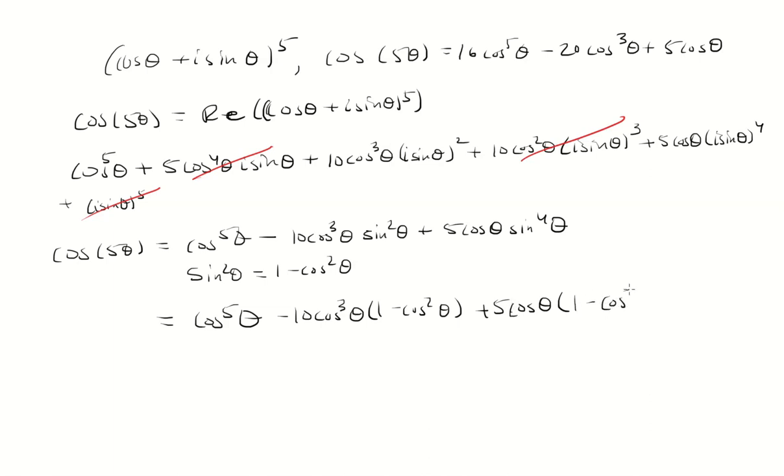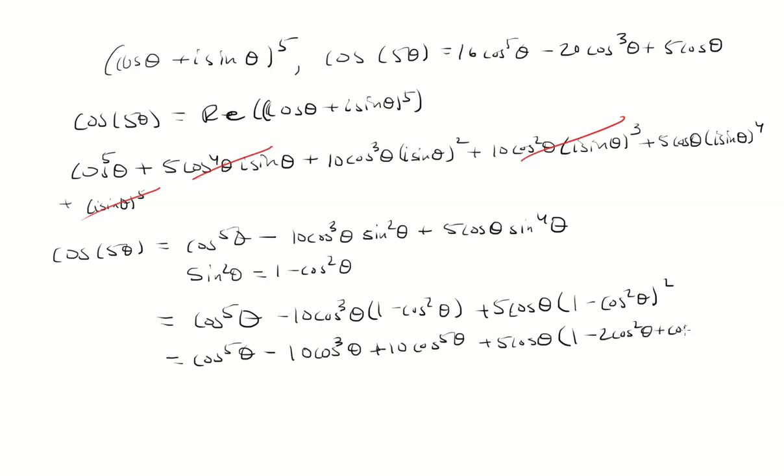Sine squared is 1 minus cosine squared, so we're going to square that. And so we're going to distribute the negative 10 cosine cubed. So it's negative 10 cosine cubed plus 10 cosine to the fifth, and then plus 5 cosine theta times 1 minus 2 cosine squared plus cosine to the fourth.